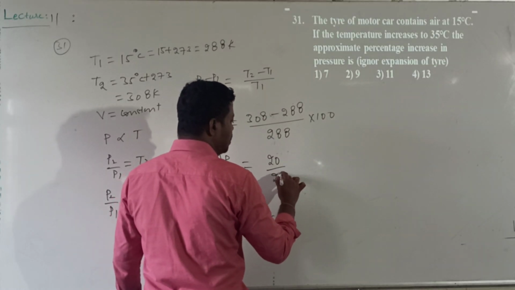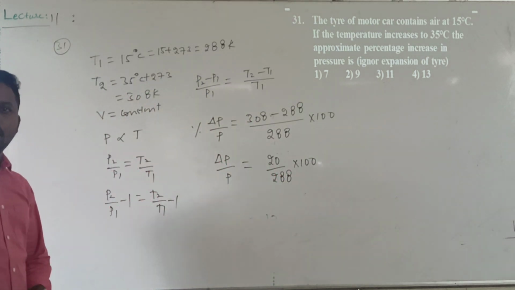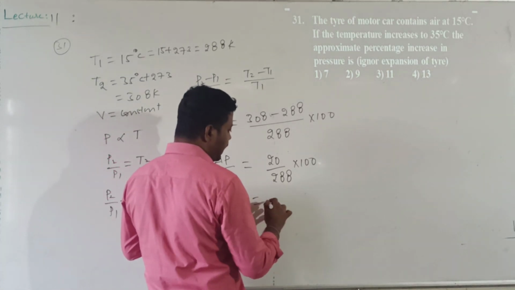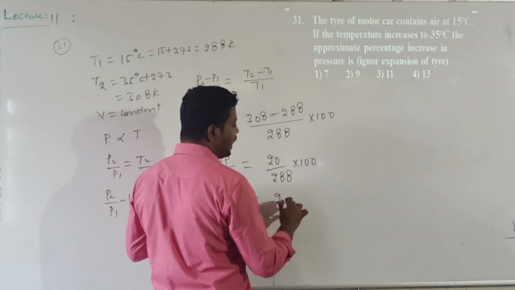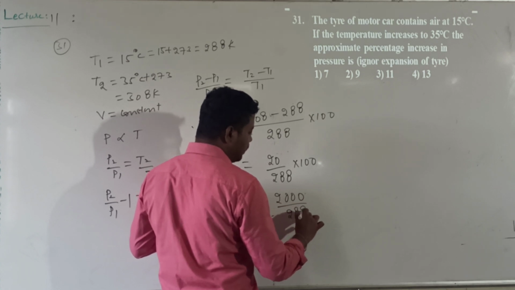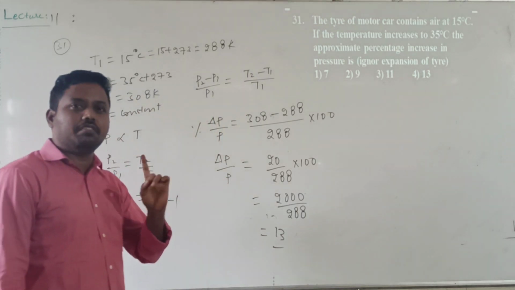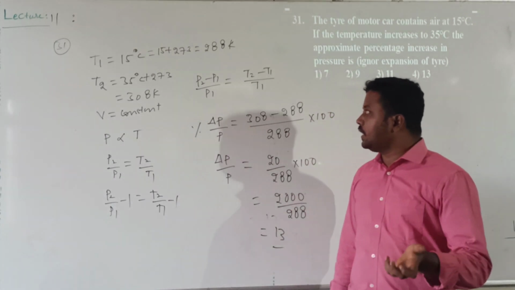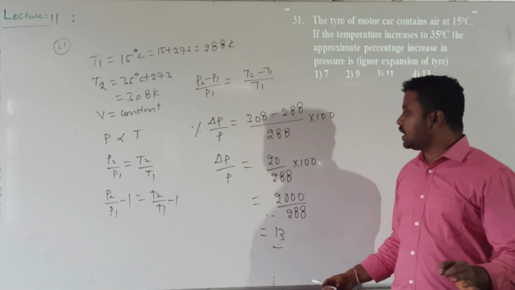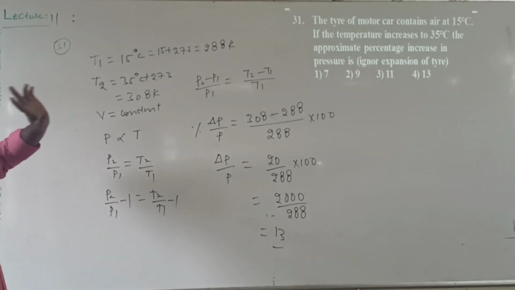So 20 divided by 288 into 100. Simplifying, the numerator is 2000 divided by 288, so approximately you will get the answer. Temperature conversion from centigrade to Kelvin is compulsory; I showed it to you. Only then will you get the answer.